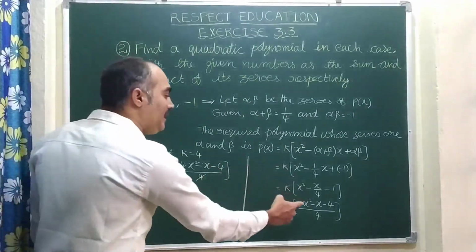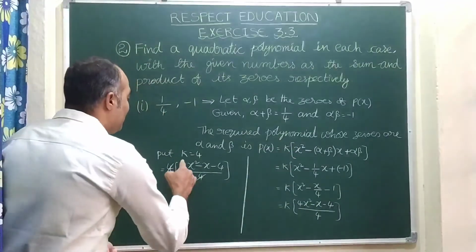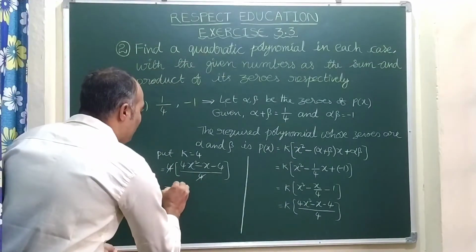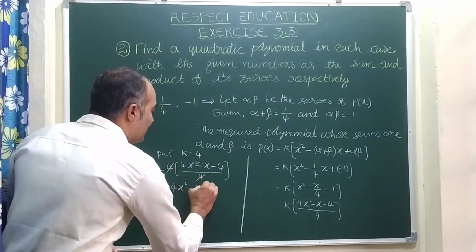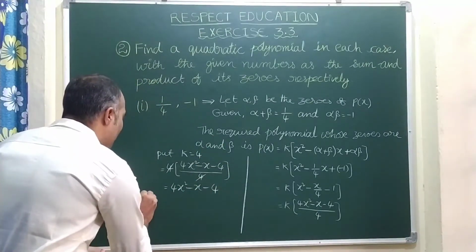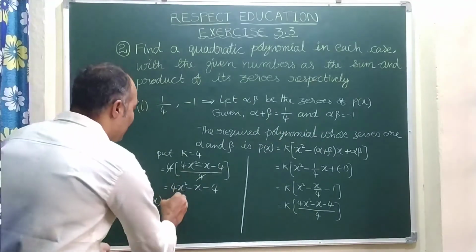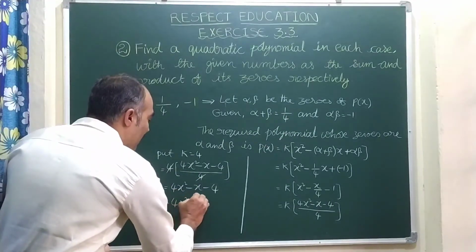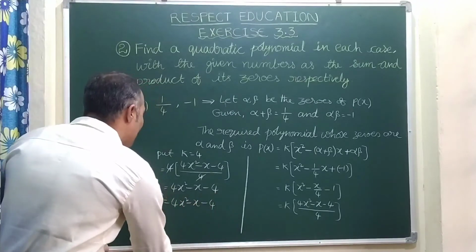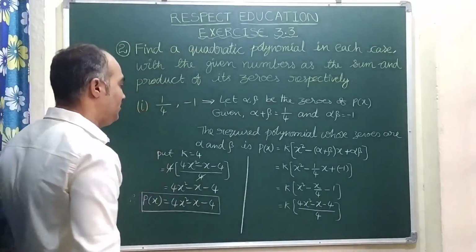So we can take any number, especially what is there in the denominator. So here this required polynomial is 4x square minus x minus 4. So we can conclude that, therefore, the required polynomial p of x is equal to 4x square minus x minus 4. This is the last step for the first bit.